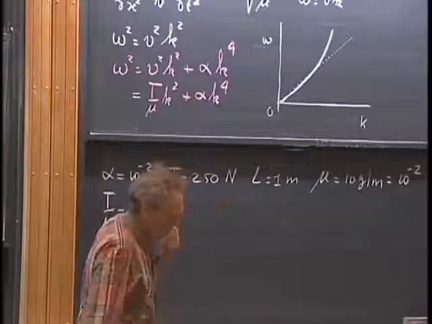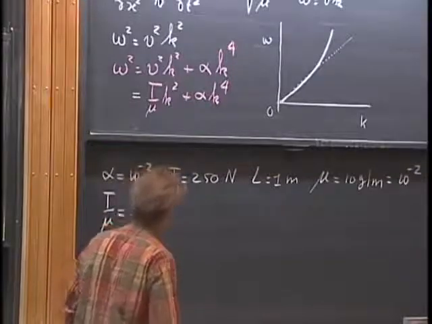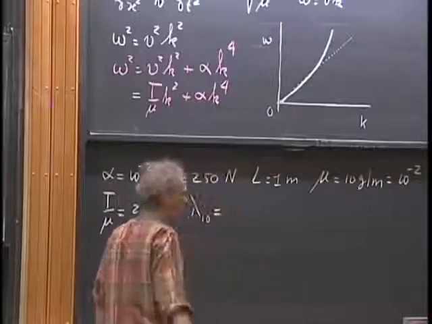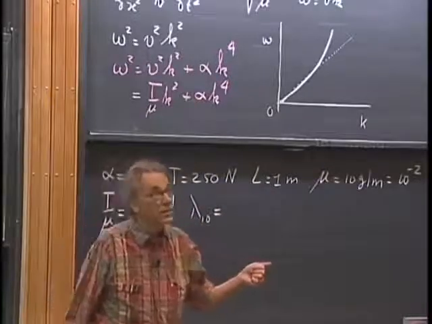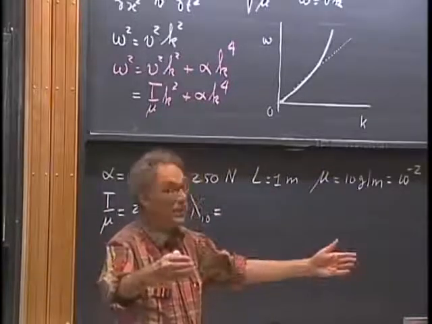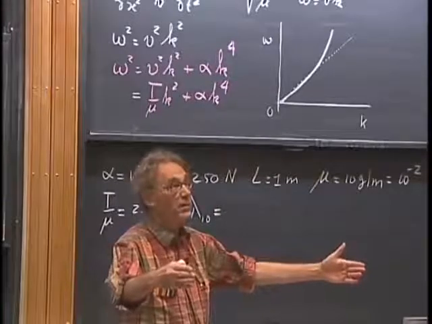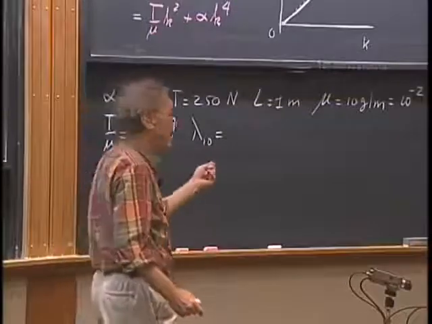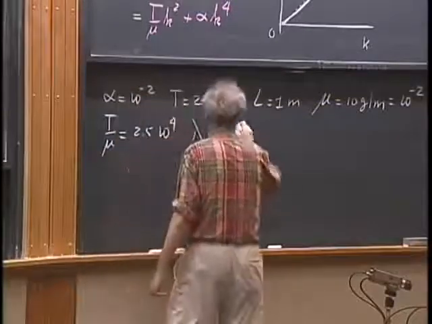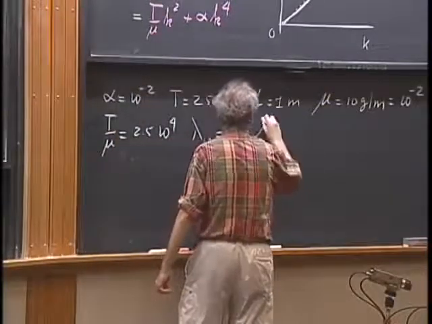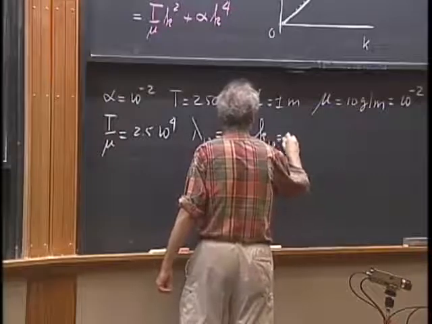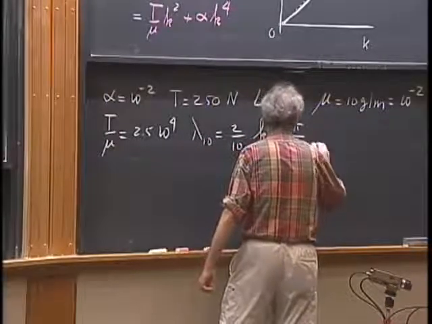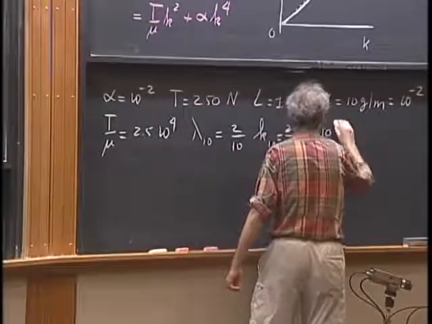I have to know what k is. Well, lambda 1 is 2 meters, right? Fixed at both ends. If the length is 1 meter, then lambda 1 is 2 meters. So lambda 10 is 10 times smaller. So that is 2 divided by 10. So k10, which is of course by definition 2 pi divided by lambda 10, is then 10 pi.